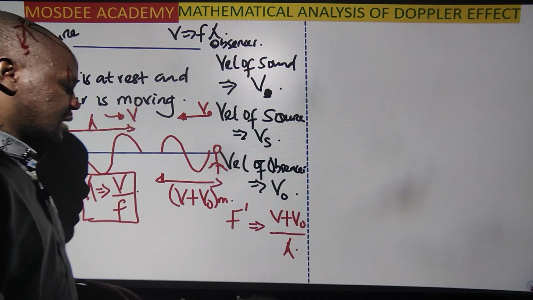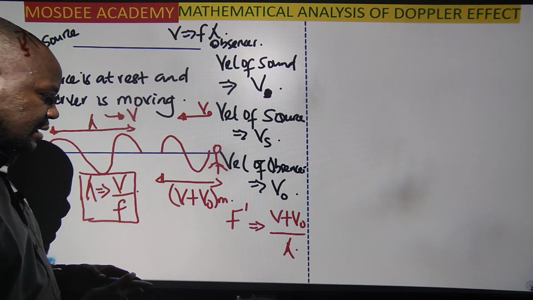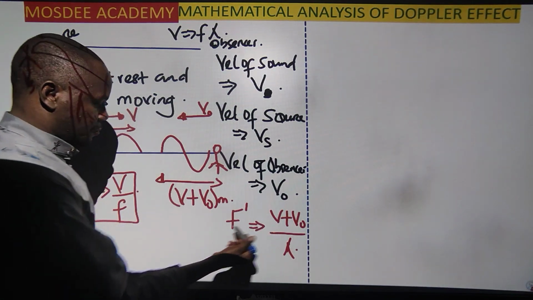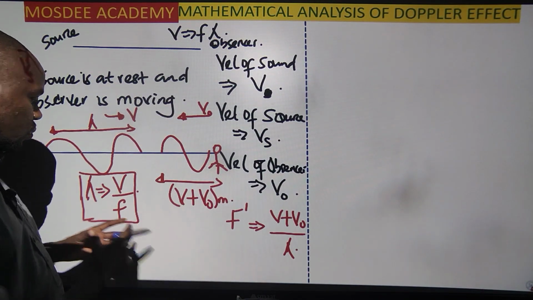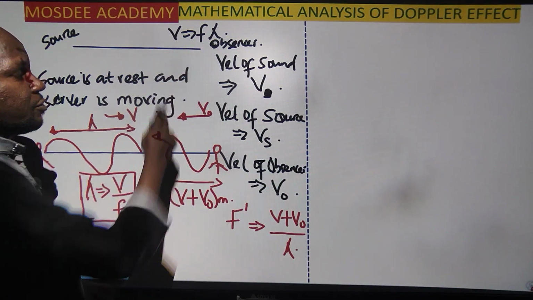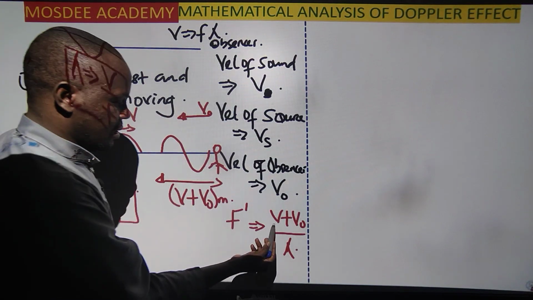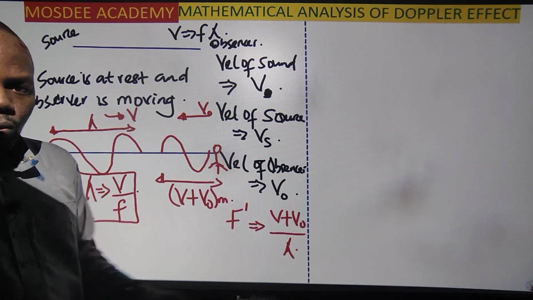Initially I know that lambda is V over f, so I can substitute back, or I can write the speed in terms of the new frequency, then substitute back. It depends on the way I want to do this. So now I make frequency the subject of the formula. Then I know that the new speed coming together here will be this one plus this one, divided by the wavelength.